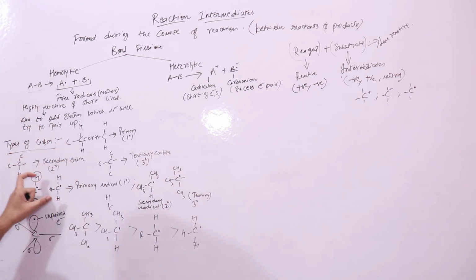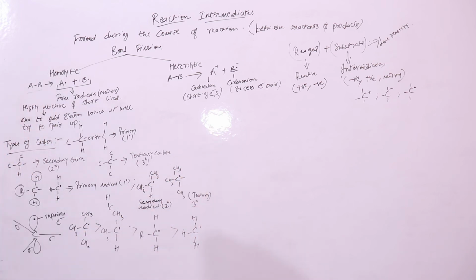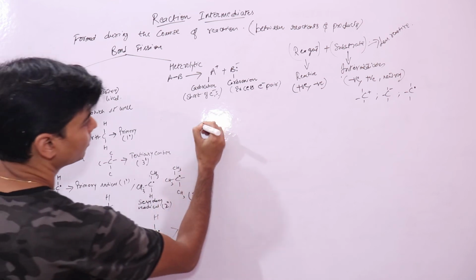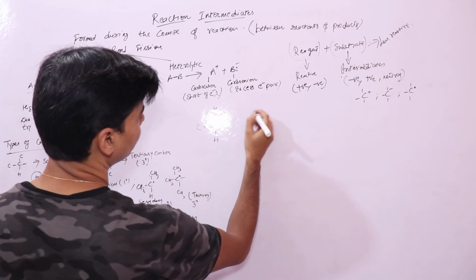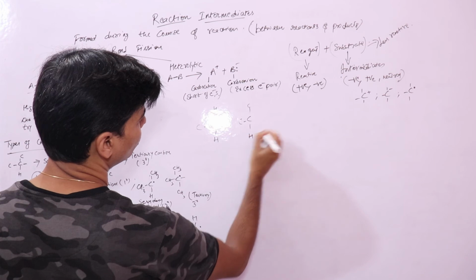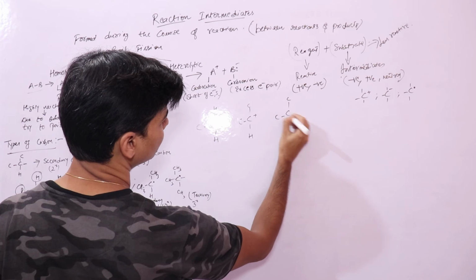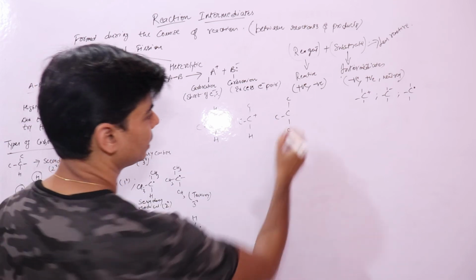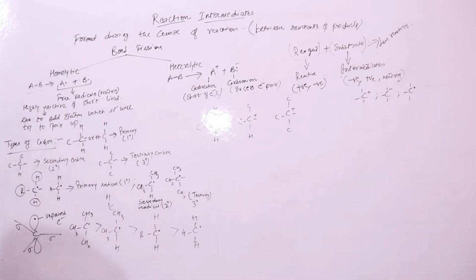If the carbon atom is primary, you have a primary carbocation, connected to only one carbon atom or no carbon atom. Then you have a secondary carbocation, which is connected to two other carbon atoms. Then you have a tertiary carbocation, which is connected to 3 other carbon atoms, and it has a positive charge.